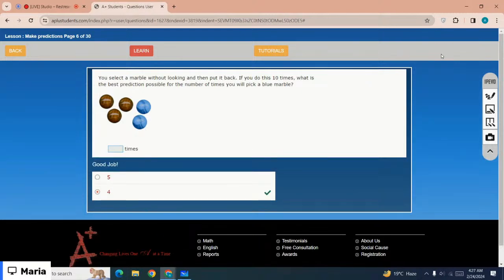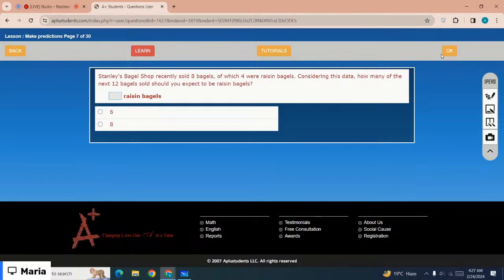You can do calculations. Stanley's Bagel shop recently sold 8 bagels, of which 4 were raisin bagels. Considering this data, how many of the next 12 bagels sold should you expect to be raisin bagels? Which is the correct option?